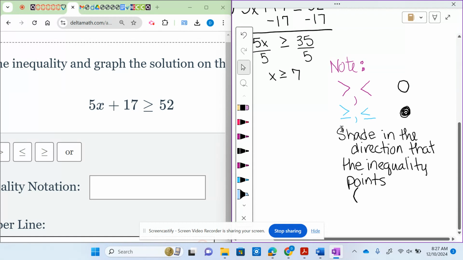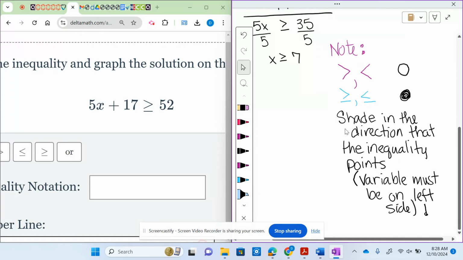But there's something special about that. The variable must be on the left side. So I'm going to wait for you to write that down.